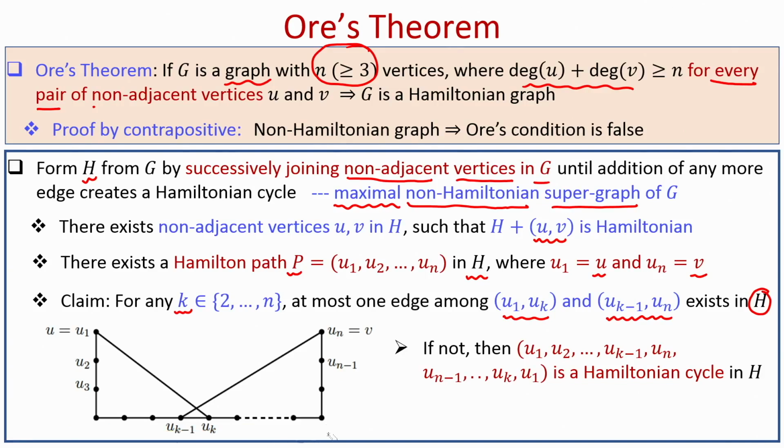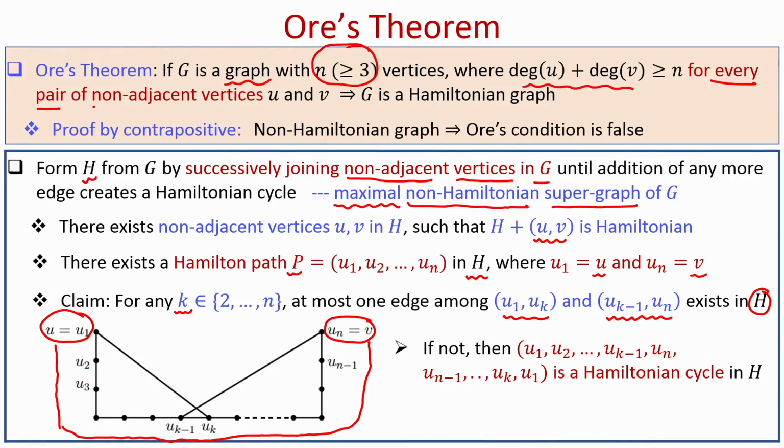So, let me draw it in a better way. You started with u1, then you went to u2, u3 and like that uk-1, uk, un-1, un, where un is v and u1 is u, and all the vertices are bound to appear here.